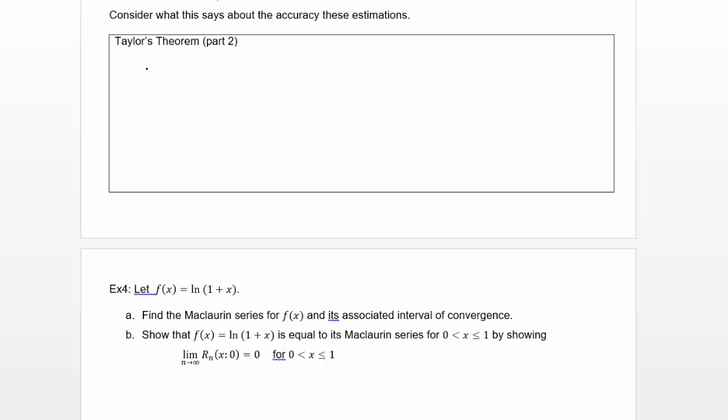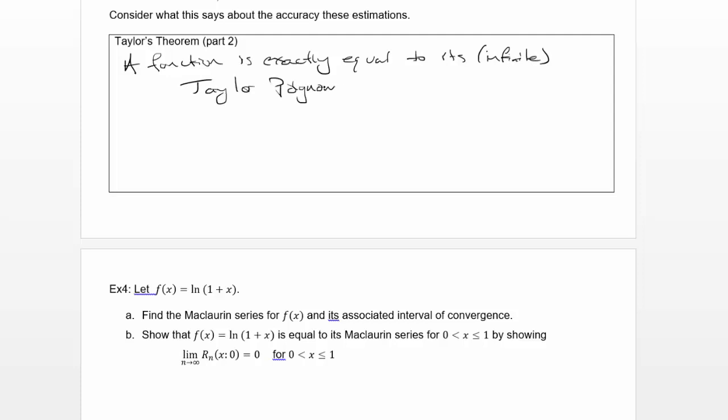So the second part of Taylor's theorem says that a function is exactly equal to its infinite Taylor polynomial, better known as the Taylor series, if and only if this condition is met.